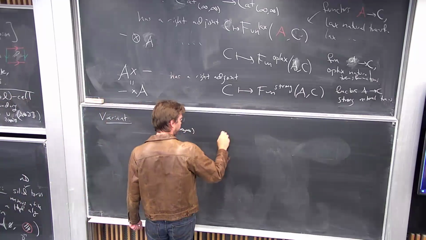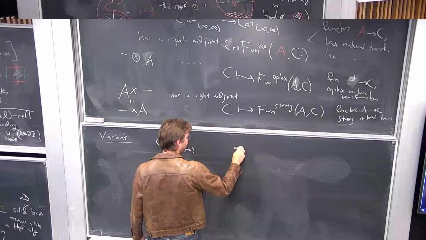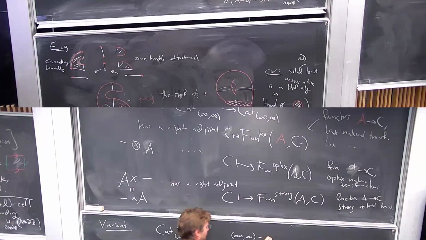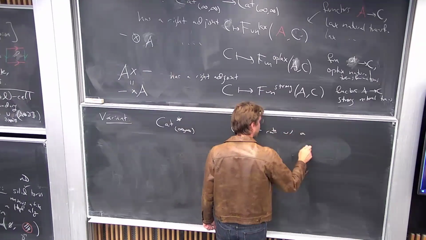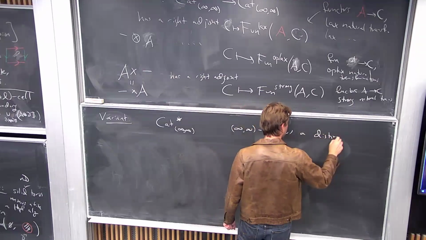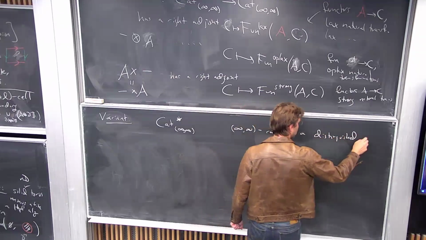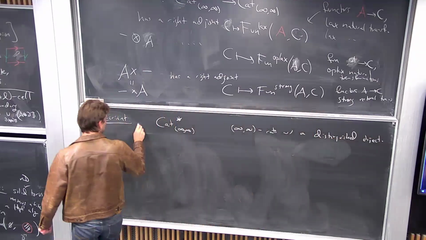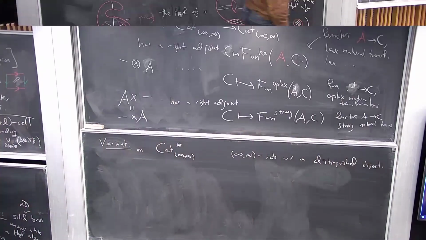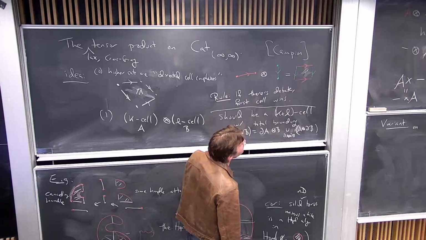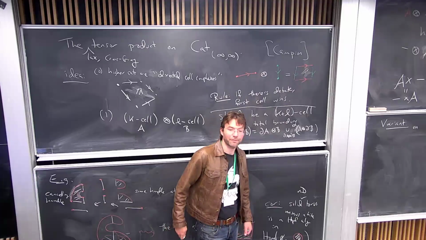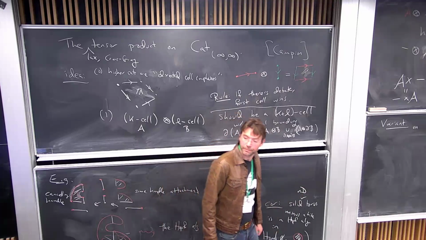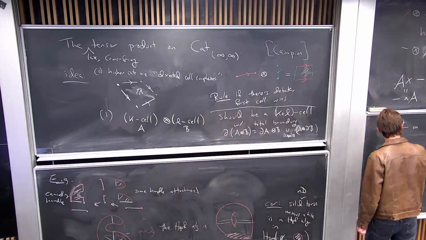These are infinity categories with a distinguished object. And on pointed infinity categories, the natural thing to do is to not look at all functors, but only at functors that preserve the base point.